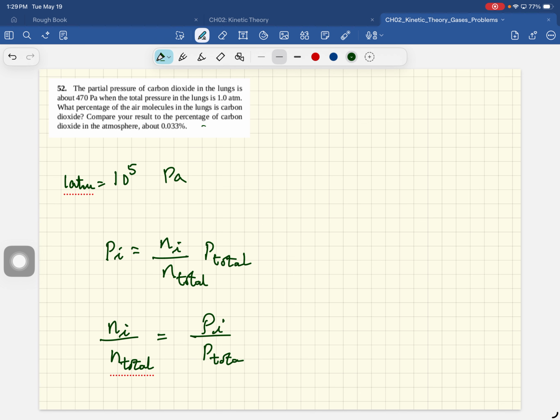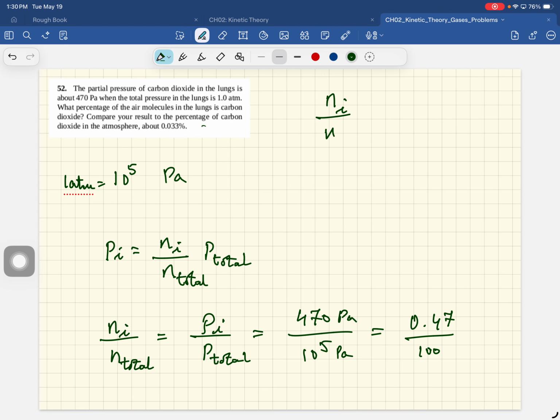So CV, F is 3, CV is 3/2 R. Since the number of degrees of freedom is lower, it doesn't need as much heat. So you divide that by 5 and multiply by 3.